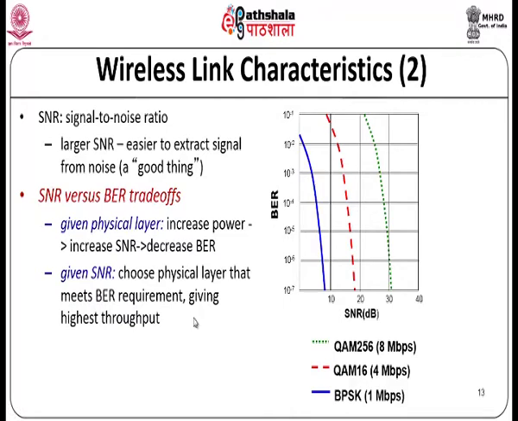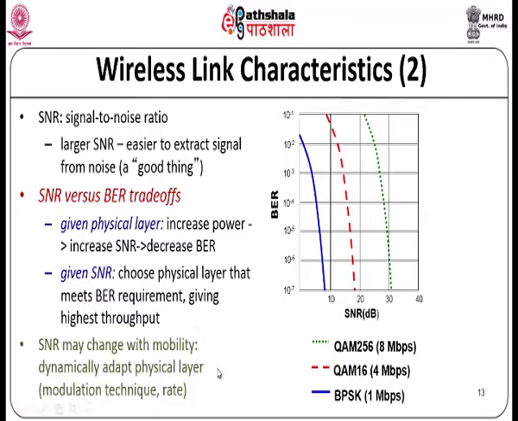So you need to choose the SNR and the physical layer appropriately. What is also important to remember is that the SNR may change with mobility. So we need to be able to dynamically adapt the physical layer as you move. The modulation technique and the rate must be changeable on the move. That is another challenge that we have.